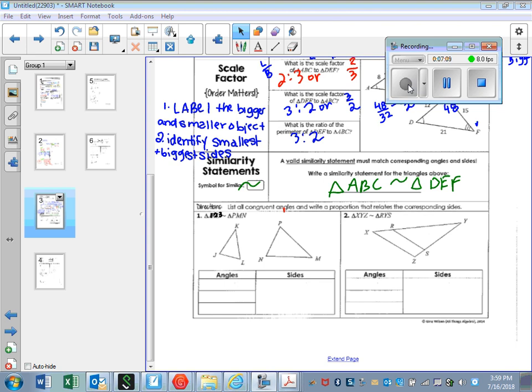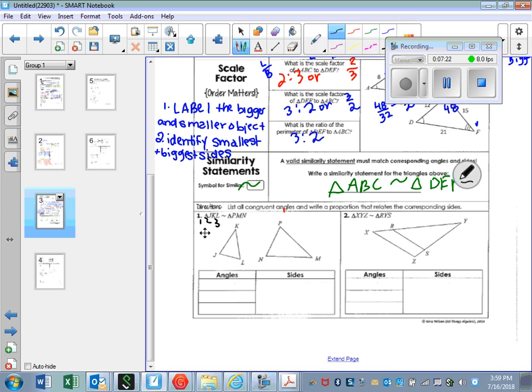But first we want to number these geometric objects. Here I have 1, 2, 3, 1, 2, 3. So J is 1, P is 1. So here's 1, 1, then K, 2, and then M is 2. N is 3, L is 3. So those angles correspond to each other. It makes it easier for me to list all the congruent angles.